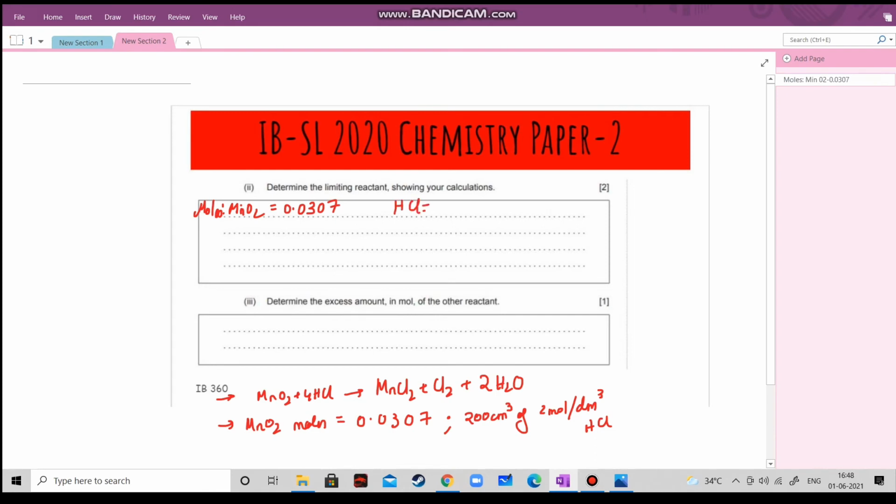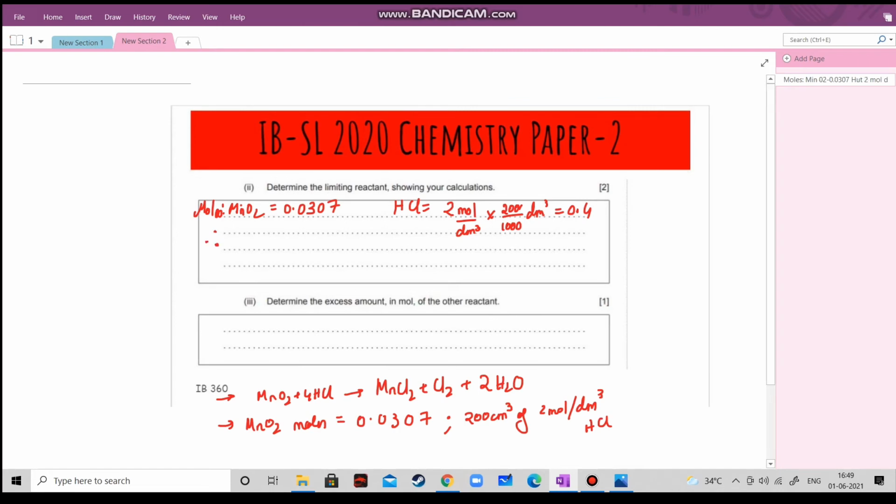Moles of HCl would be 2 mole per dm cube times 200 divided by 1000 dm cube. So finally this would be 0.4 moles. Let me just recheck my calculations. Yeah, it would be 0.4.